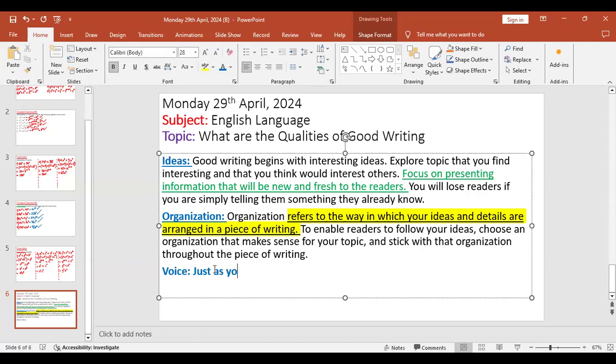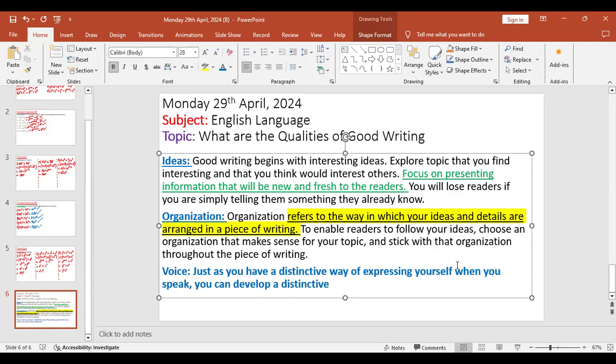Just as you speak, or just as you have a distinctive way of expressing yourself when you speak, you can develop a distinctive voice as a writer.